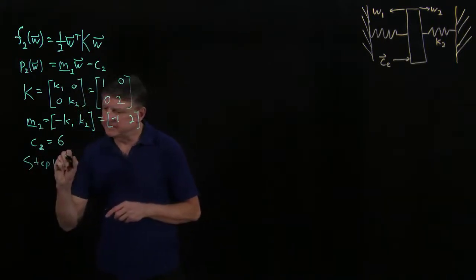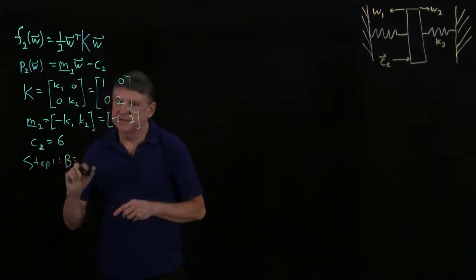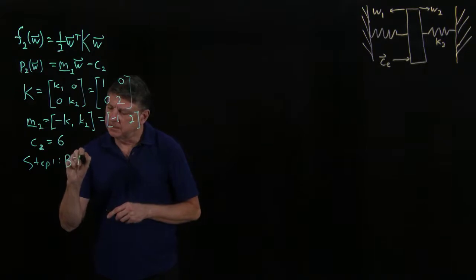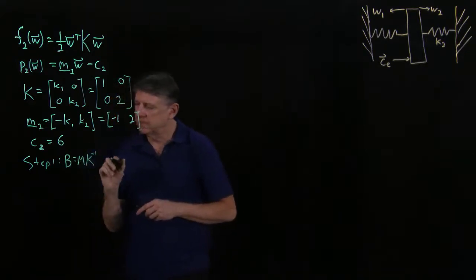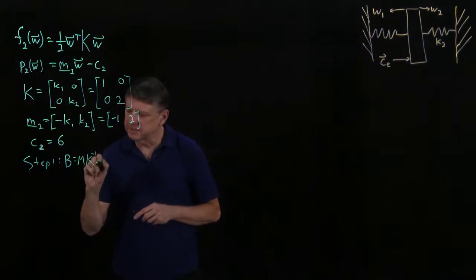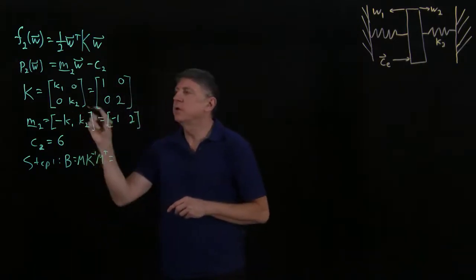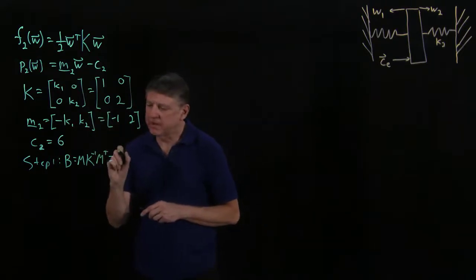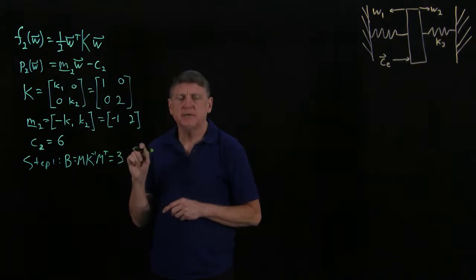So the first step is to calculate B, which is the constraint one form times the inverse of the symmetric positive definite matrix times the transpose, and when we go through this calculation, what I find is the scalar 3. It's a good idea for you to calculate that to be sure that I got that right.